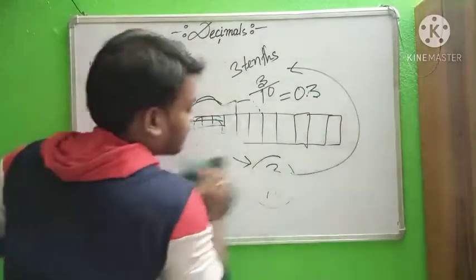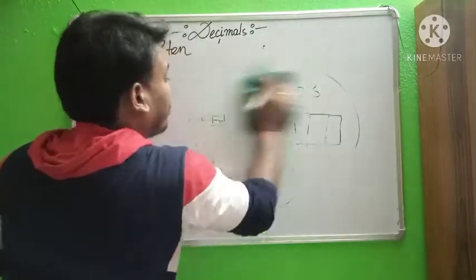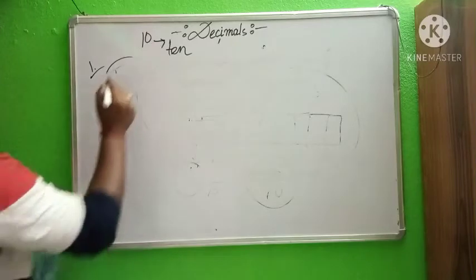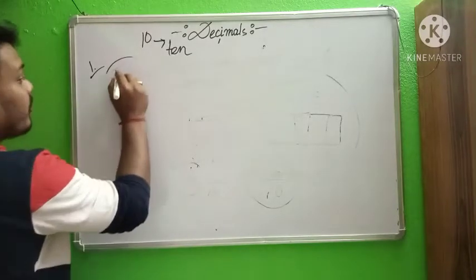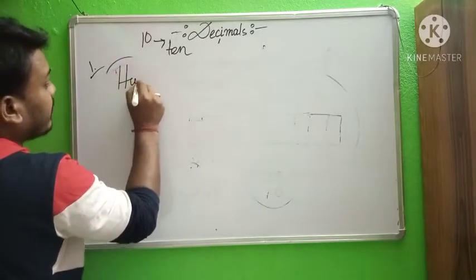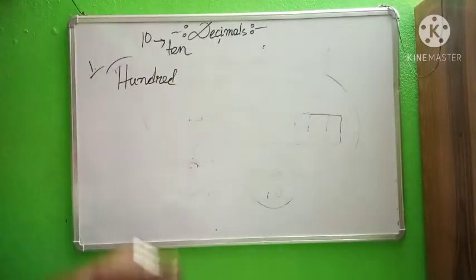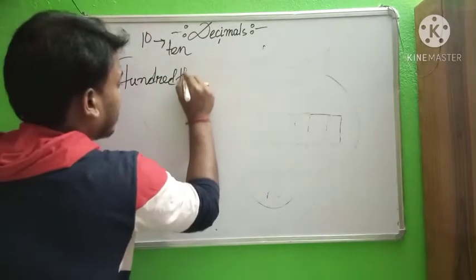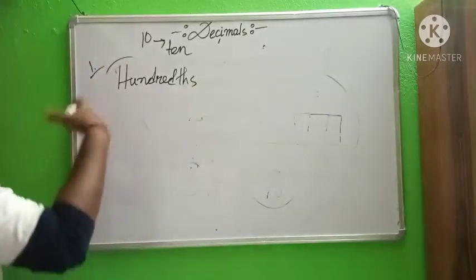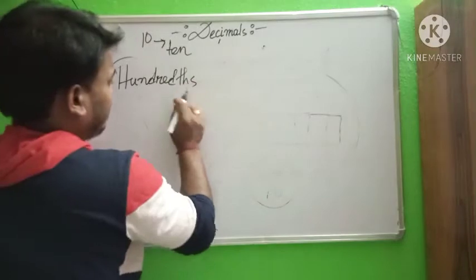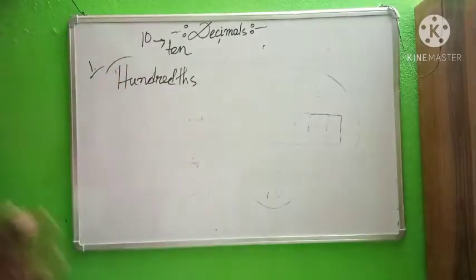Similarly, next, hundredth. In whole numbers we write hundred; in the case of the decimal part we write hundredth, and the meaning changes.